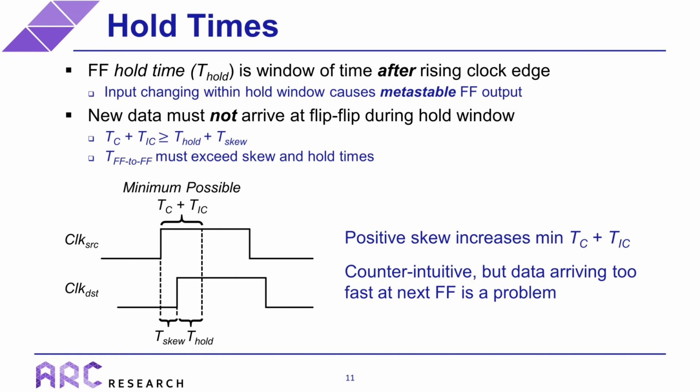Now this can be very counterintuitive because it means that data arriving at the next flip-flop too fast is actually a problem. Fortunately, this isn't frequently a problem, and it's usually something that the synthesis tools will solve for you, but it is important to understand that it can occur.